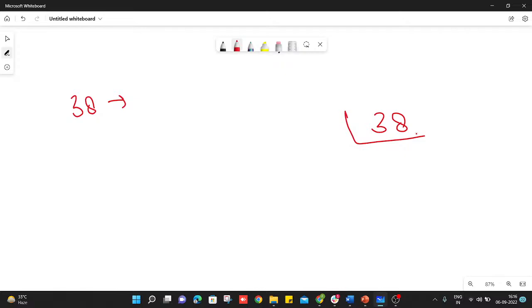Any number in which the ones place is 0, 2, 4, 6, 8, those numbers are even numbers. So this is an even number, and all the even numbers are divisible by 2. So we'll divide 38 by 2. 38 divided by 2 is 19.